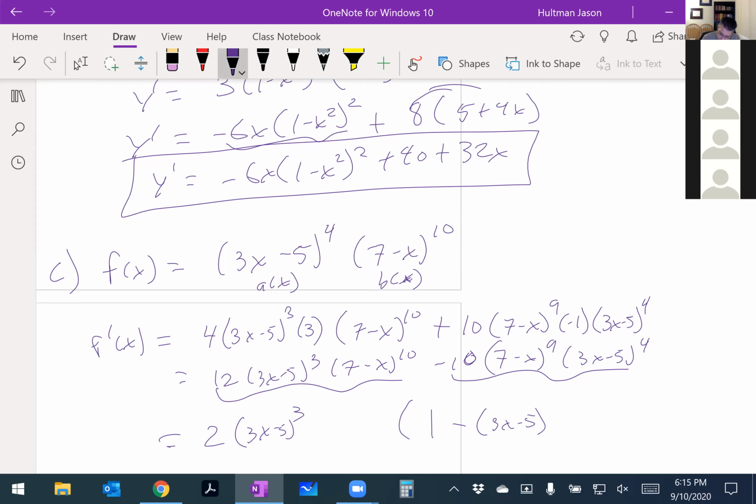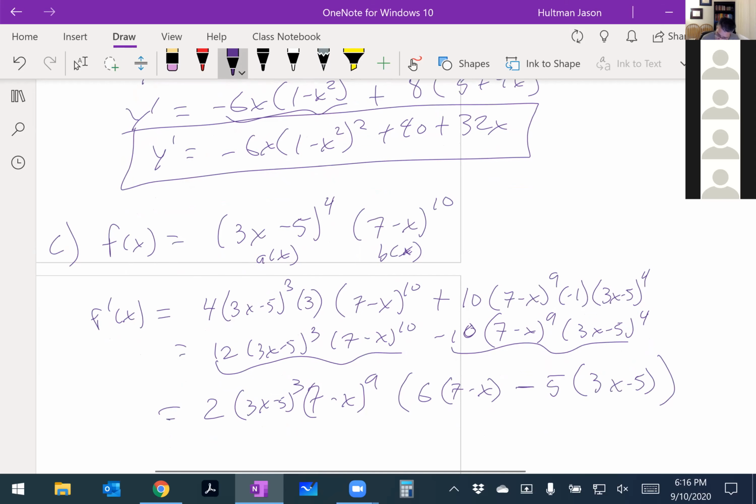The other thing that I can factor out is a 7 minus x to the 9th power. And what does that leave behind? Well, that leaves behind 1 7 minus x. So this becomes 6 times 7 minus x, that's what's left over in this first term, minus 5 times 3x minus 5, that's what's left over in the second one.